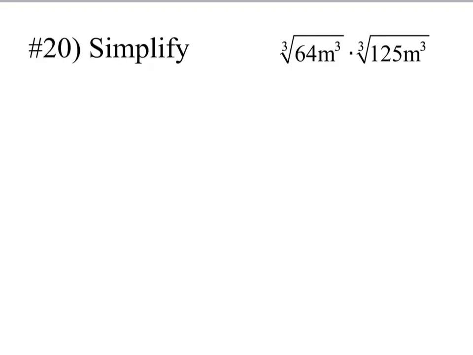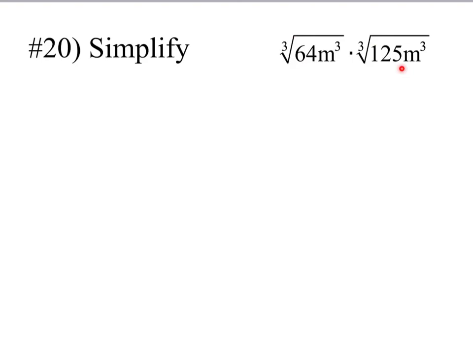Okay, because both of these are the same index, I can multiply them together. But before I do that, I want to go ahead and simplify this sum, because if I multiply 64 times 125, I'm going to get 8,000, and that's an awfully big number. So I'm going to go ahead and simplify first.